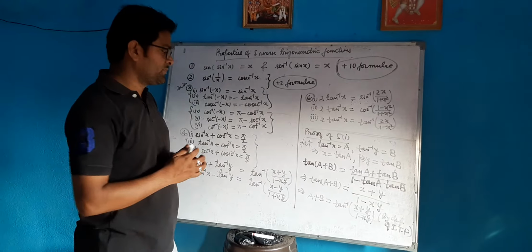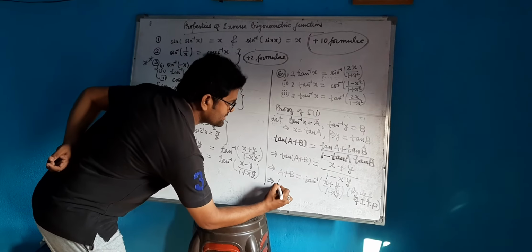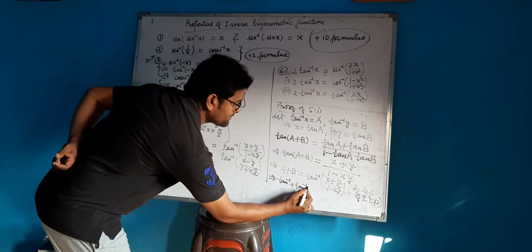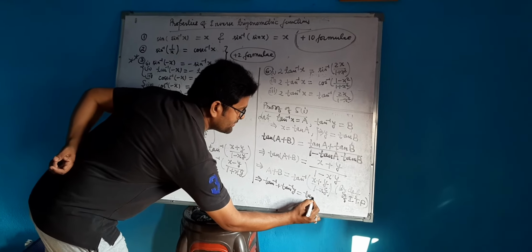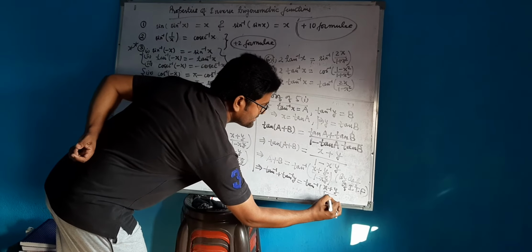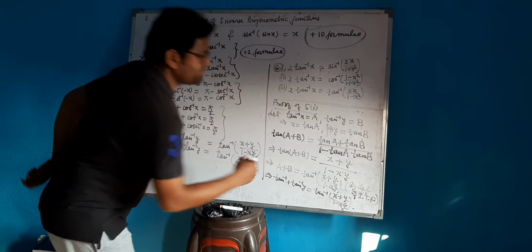Now replace a and b. What is a here? Tan inverse x. What is b? Tan inverse y. So tan inverse x plus tan inverse y is equal to tan inverse of (x plus y) by (1 minus xy).